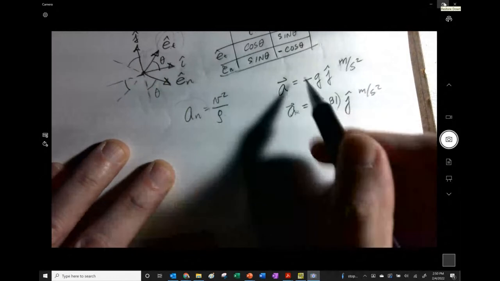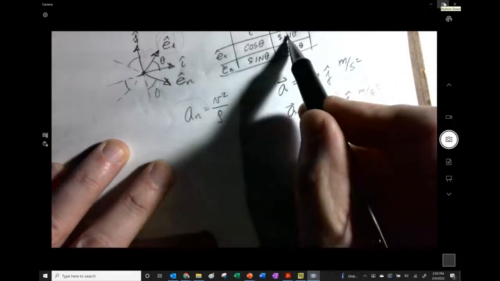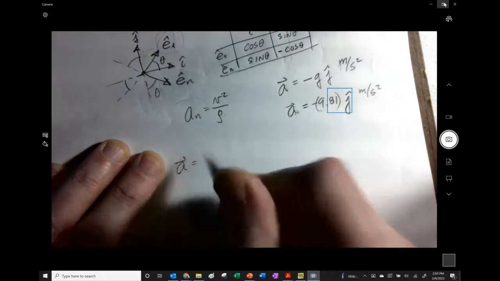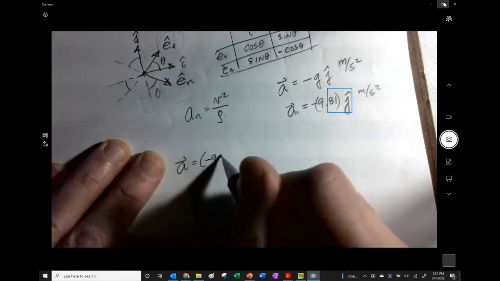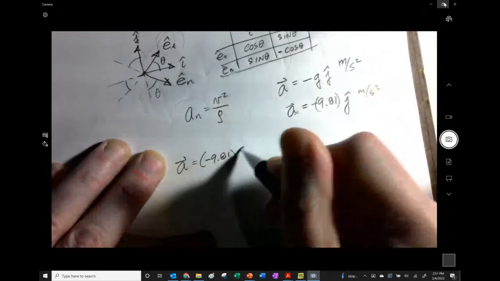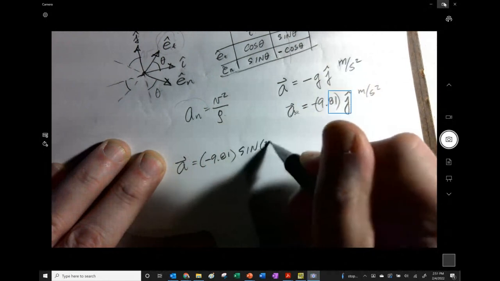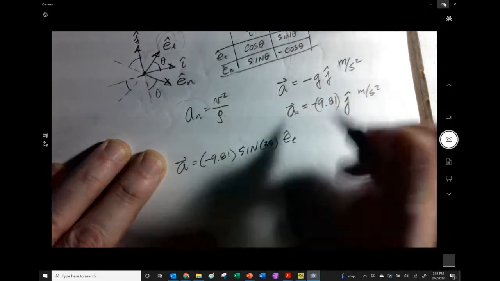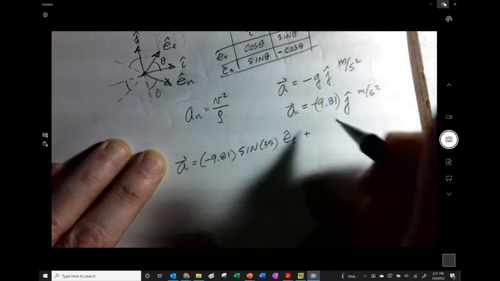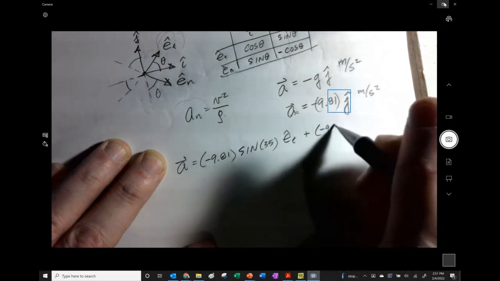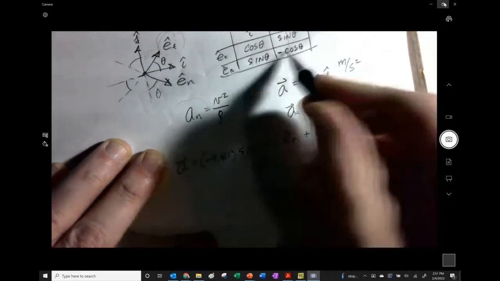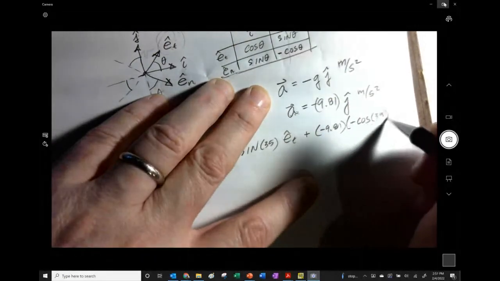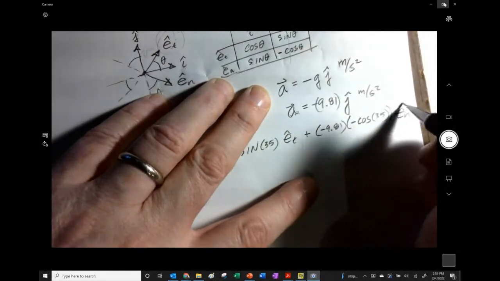So all we have to do is, and this is in the J, so we're going to come down this way. So we'll say the acceleration is going to be negative 9.81 times the sine of 35 ET, plus negative 9.81 times the negative cosine of 35 En.